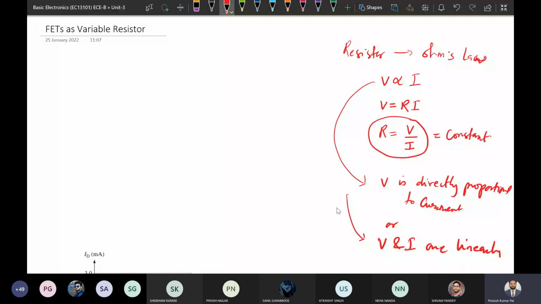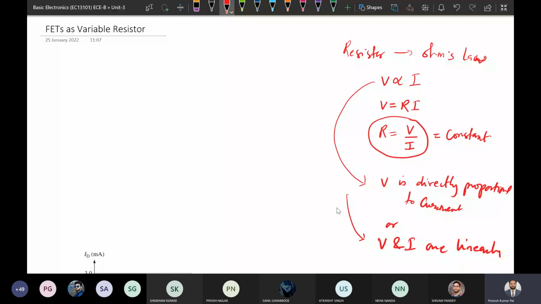That's why these JFETs can behave like a voltage dependent resistor.